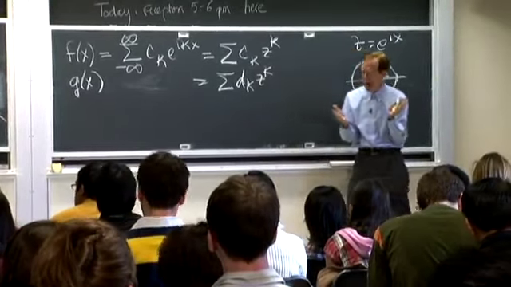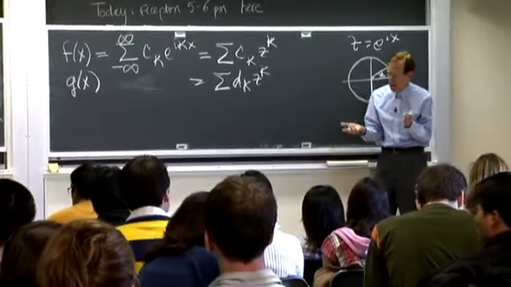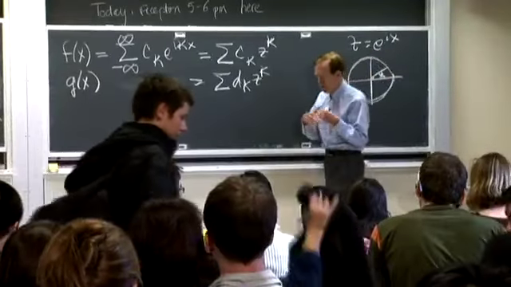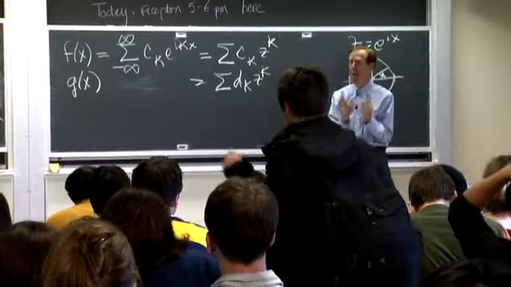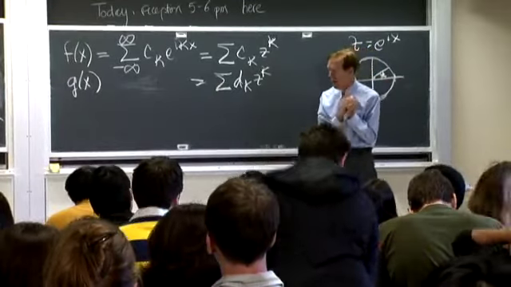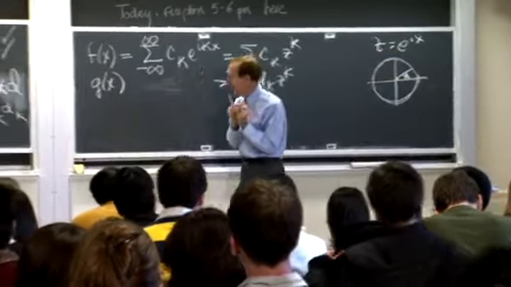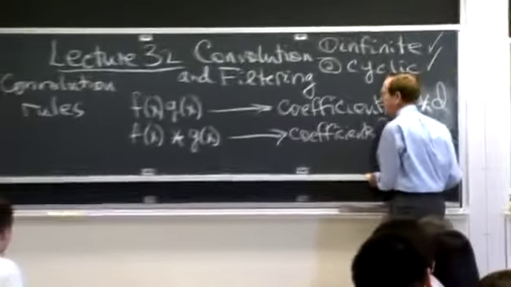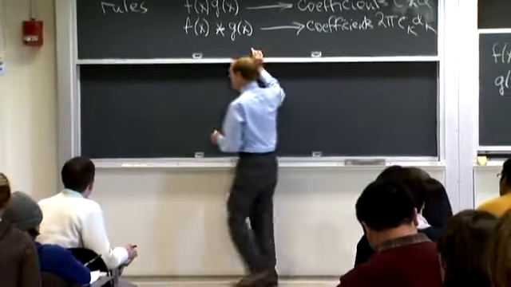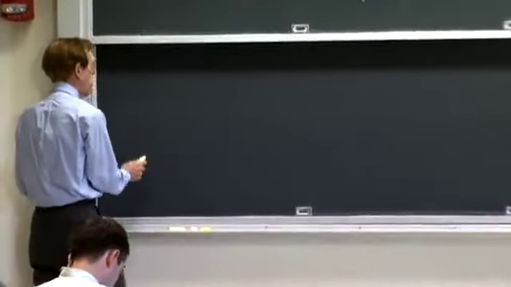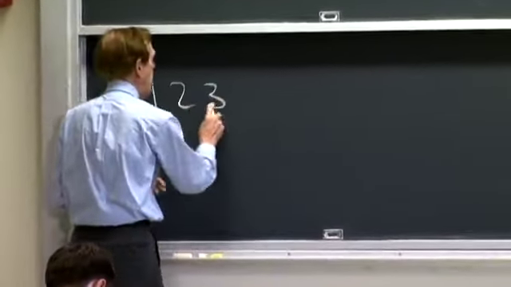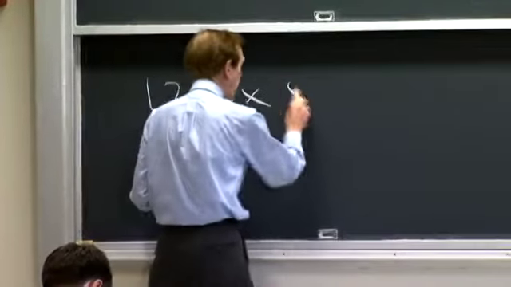And if you multiply a couple of polynomials, you're doing convolution. My message is you've been doing convolution since the 2nd grade. That's the real message. Here, let me show you. This is convolution. Suppose I have to multiply 123 times 456.